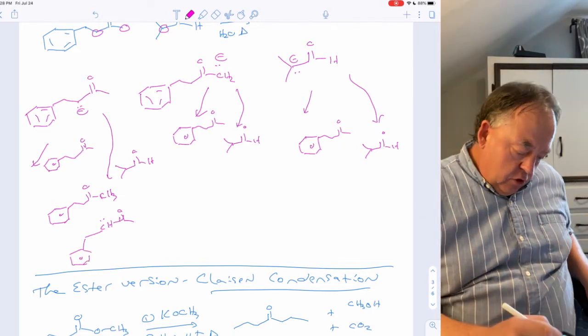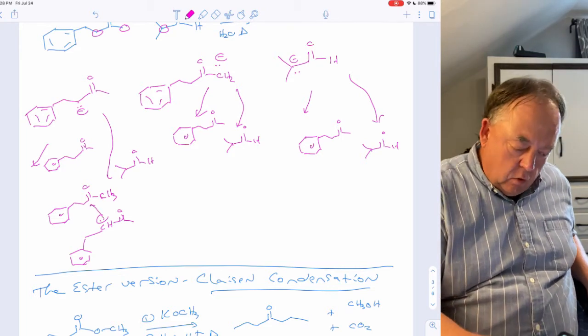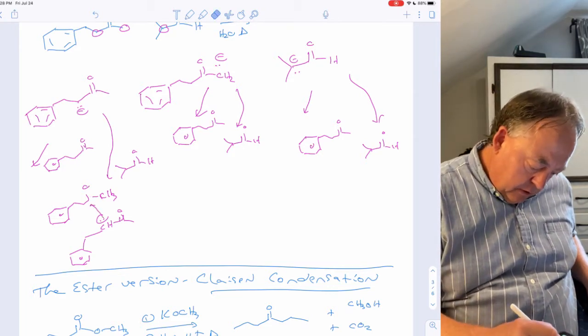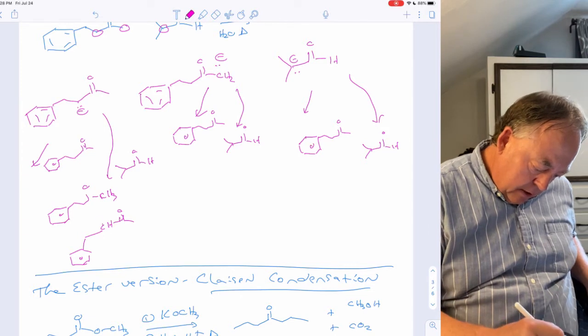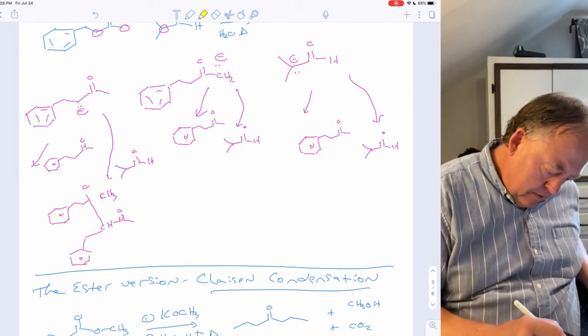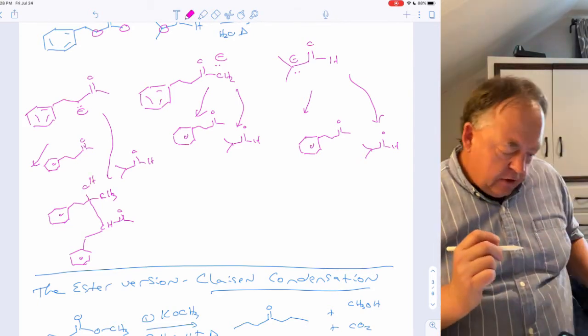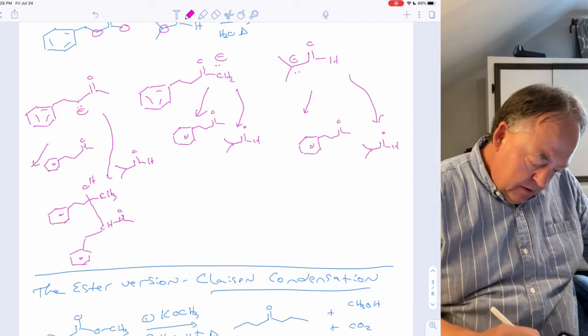Okay, so I drew those 2 molecules again, so now I'm going to attach this to here, and that's going to become an OH. So get rid of that, get rid of that, so we'll make a bond here. Right, so that would be one possible aldol product.